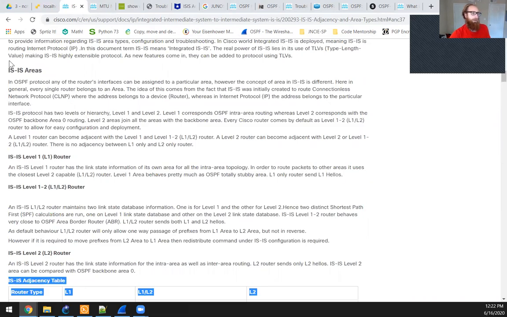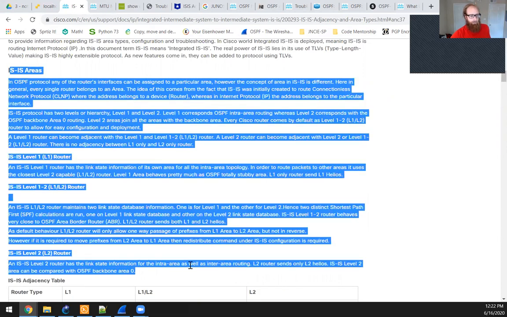All right, ISIS areas. In OSPF protocol, any of the router's interfaces can be assigned to a particular area. However, the concept of area in ISIS is different. Here in general, every single router belongs to an area.